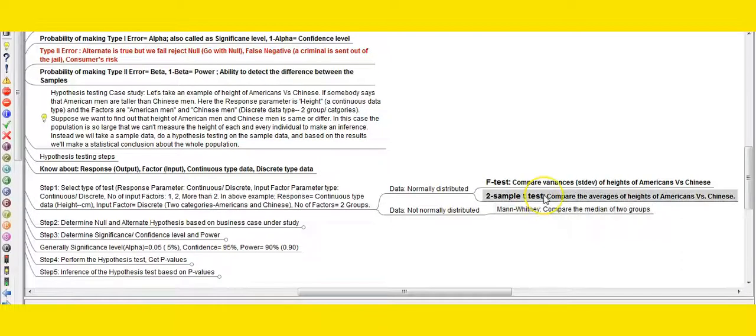In case of normal distribution, we will do the comparison of averages and comparison of standard deviation or variances. But in case it is not normally distributed, we will do Mann and Whitney, which compares the median of the two groups.